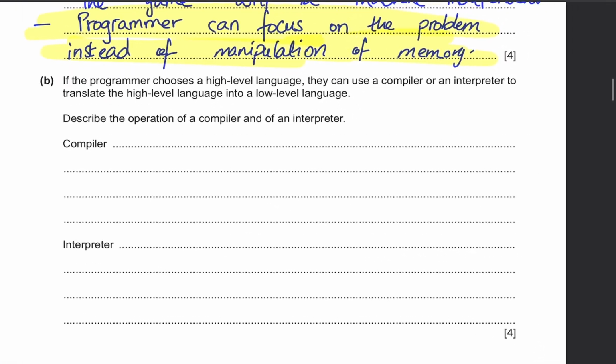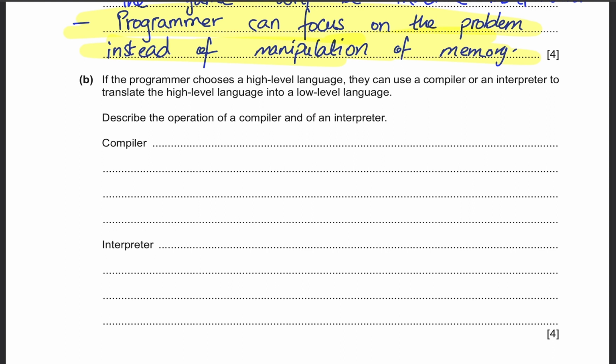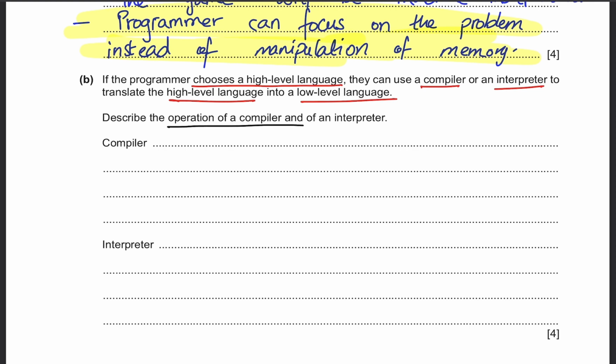The next part of this question says, if the programmer is choosing a high level language, they can use a compiler or an interpreter to translate the high level language into a low level language. You have to describe the operation of a compiler and an interpreter. What does a compiler do? What are the functions of the compiler?